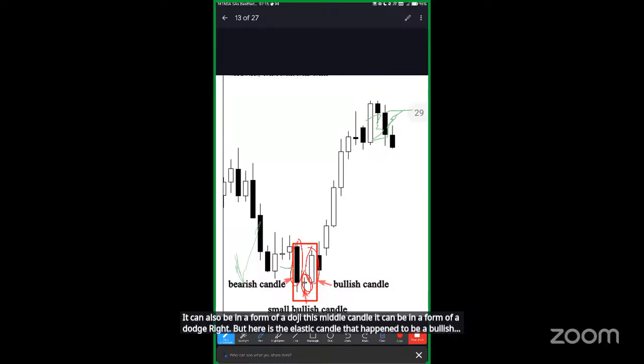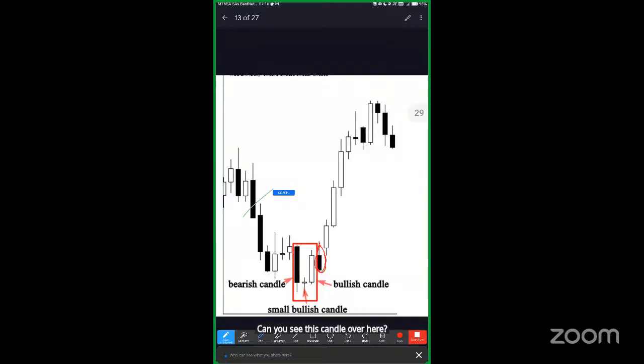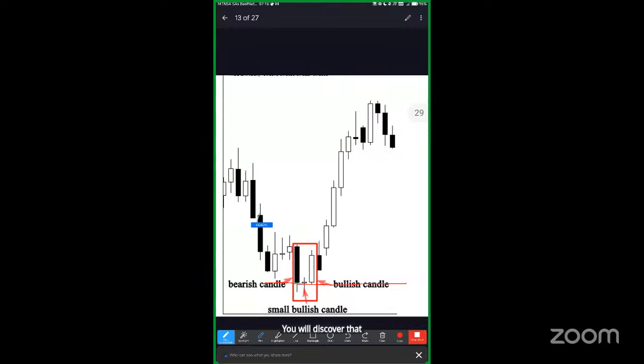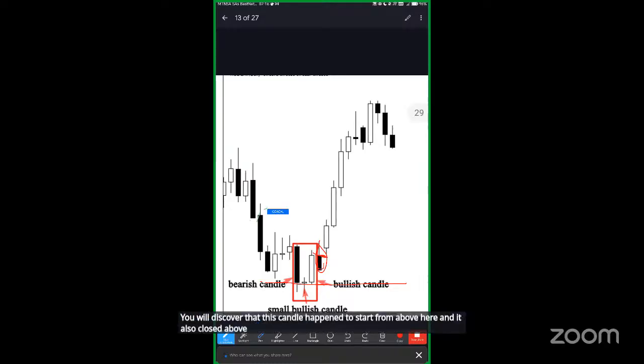Then after that, see the confirmation candle here. Can you see this candle over here? It is confirming that indeed the market is on the upward movement. If you were to draw your lines here, you will discover that this candle started from above here and it also closed above. It never closed below your line.